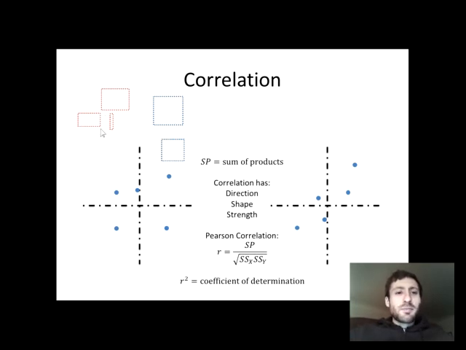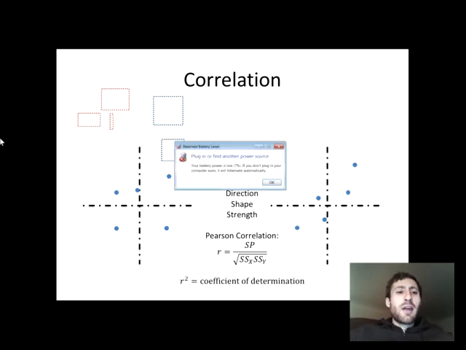If you take the sum of all of these values and subtract these values, and they're about the same, you're not going to have a correlation. You can see in this situation, the overall area contained within these red squares is about the same as the area contained within these blue squares.